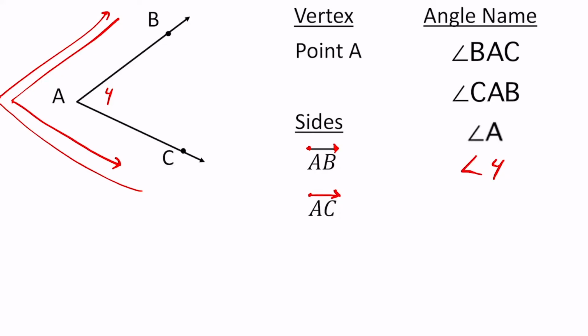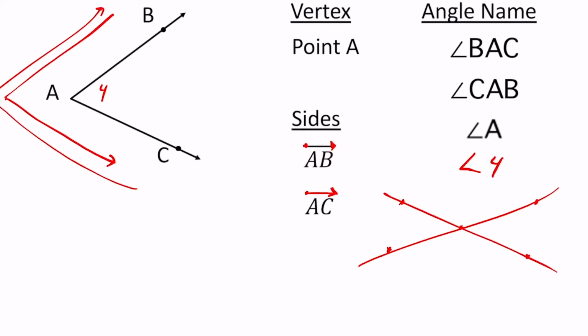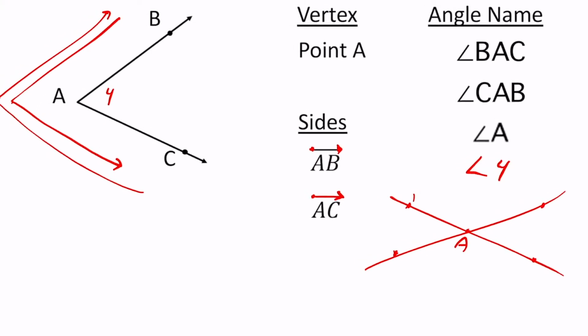One thing that you have to be careful of is that naming it angle A or angle 4 is completely fine the way it looks right now. But if you had something like this, a whole bunch of angles here, or two intersecting lines, and let's say this was A, and this was B, and this was C, and this is D and E. If I said angle A and I really wanted to talk about, let's say, this angle right here, A could be anything.